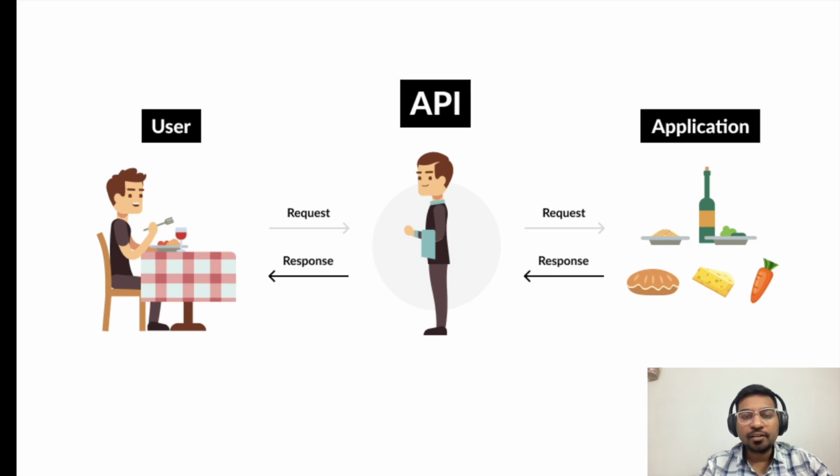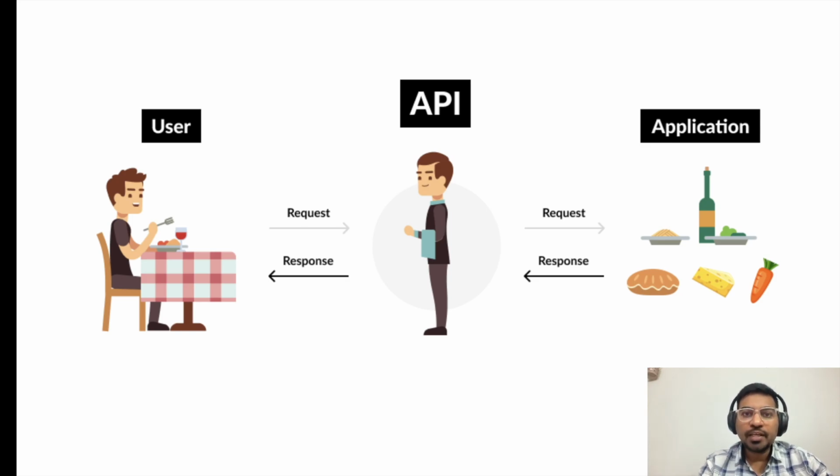So let me take another example. If you are searching google.com in your browser, what exactly happens? If you are typing google.com in your browser and hit enter, then you are making a request to the Google server to get google.com, right? And in response, you will get a web page.